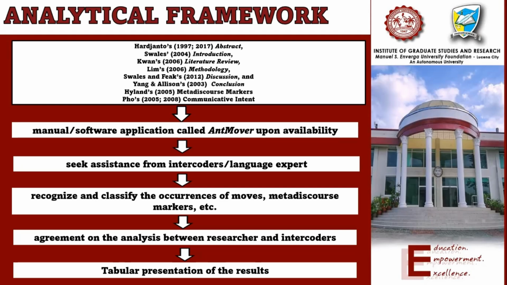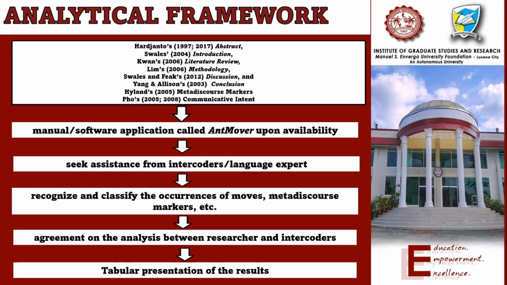To reiterate, the researcher will compare her analysis and the analysis of the intercoder. The reliability rate shall be at least 95%, and conflicts will be addressed by comparing moves and addressing discrepancies.